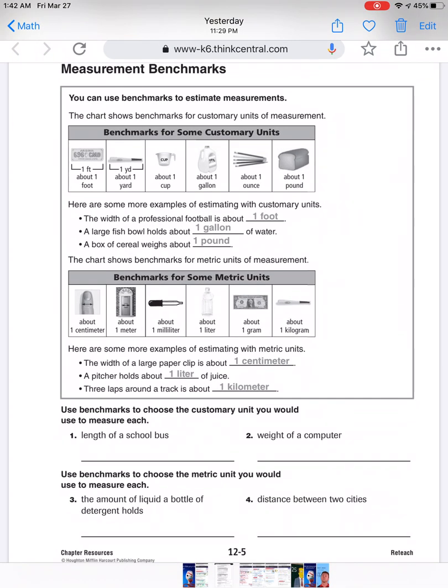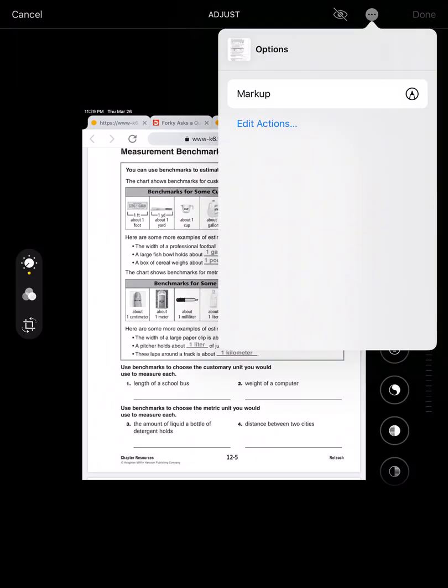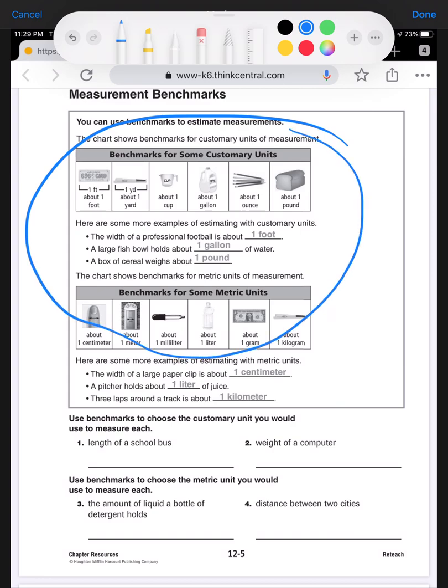In Seesaw, you're going to find this. This is the Measurement Benchmarks reteach page. And you'll notice here that, let me get my pen. Wow, this is a long lesson. I'm talking so much. I would never talk this much in class. We have here a problem that's already done.